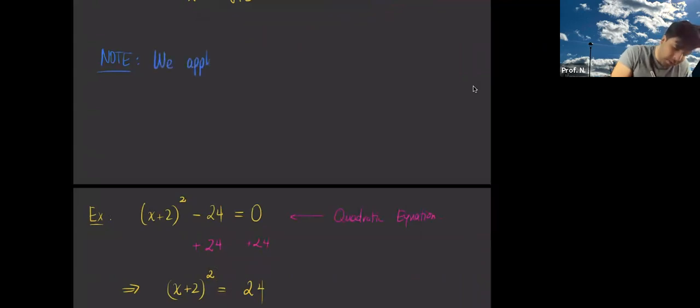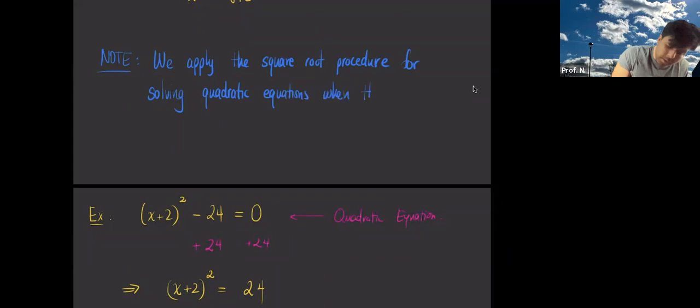We apply the square root procedure for solving quadratic equations when there is only a square term and a constant in the equation. So that's when we use it.